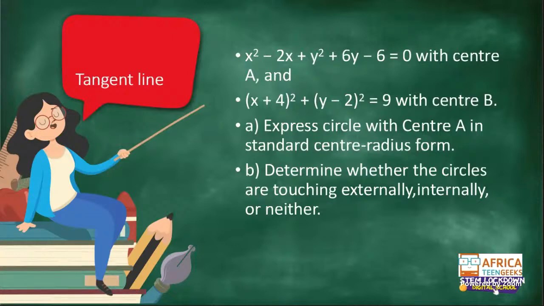Since x squared minus 2x is the beginning of an identity, you have to find that identity, to have x minus 1 all squared, and then you subtract the 1 that you have added. And then y squared plus 6y minus 6 equal to 0. Again, we have to do the same thing. So let's just look at the solution.